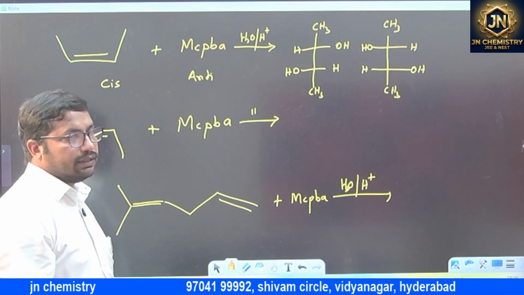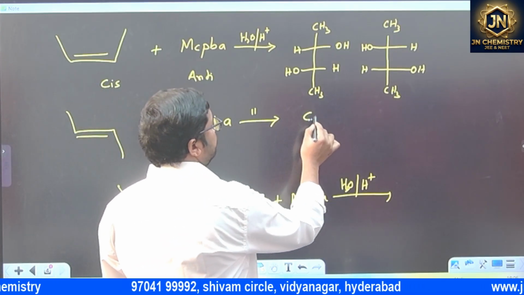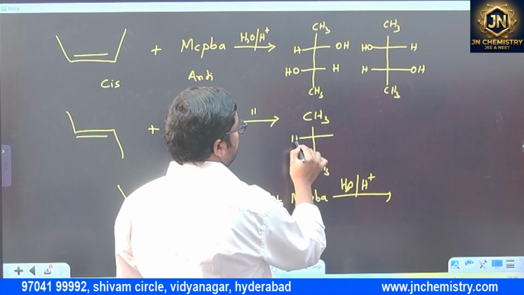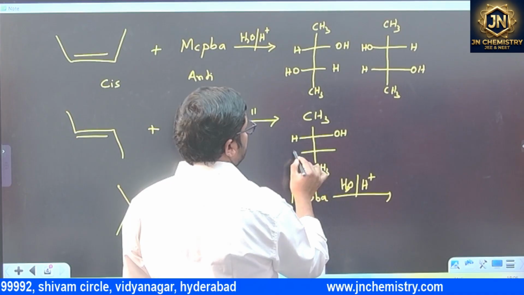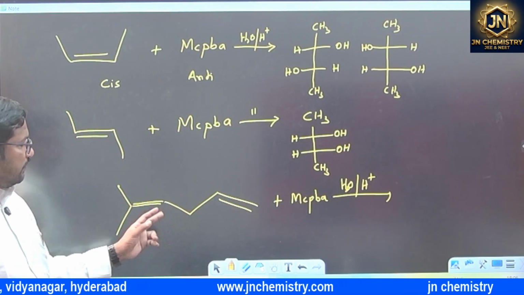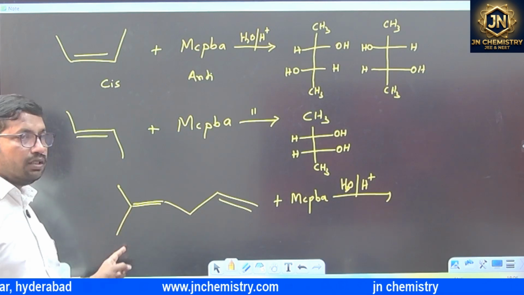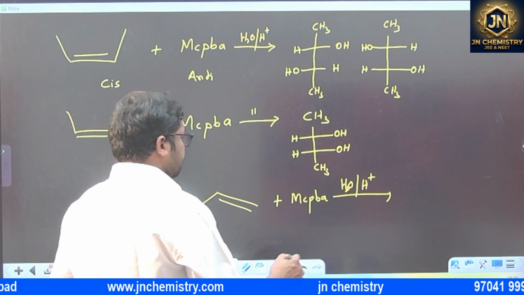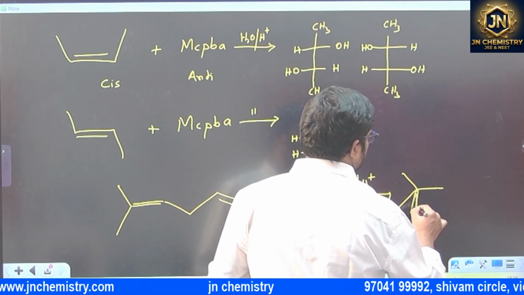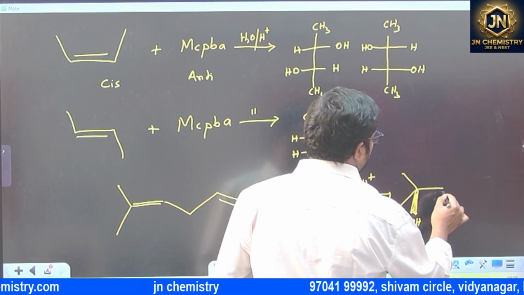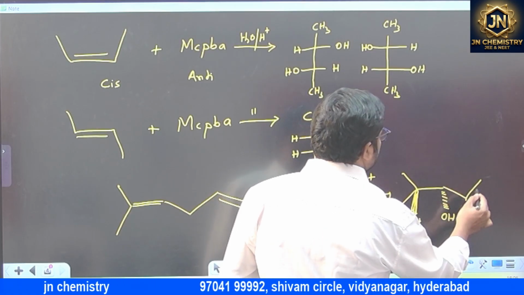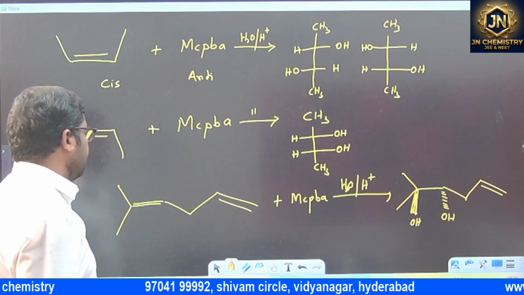Trans anti-addition gives meso compound. In this case, where the electron rich place is, because both are donating groups, in the electron rich place, OH attacks, remaining would be okay. Come on, write it down.